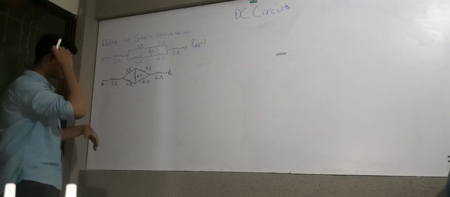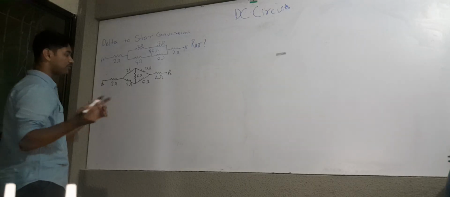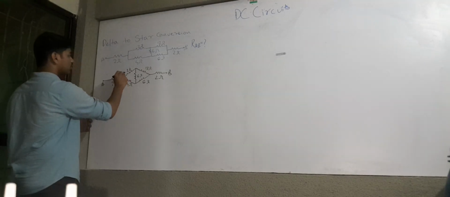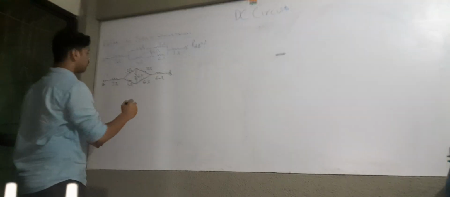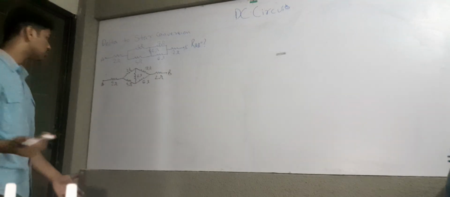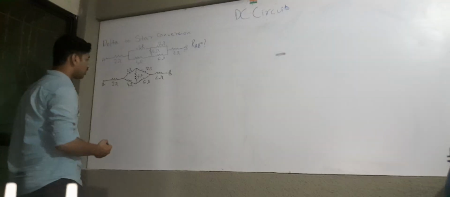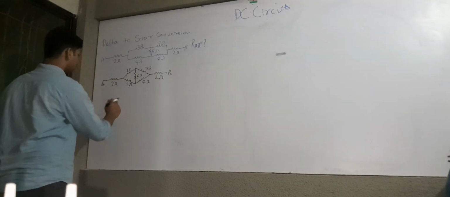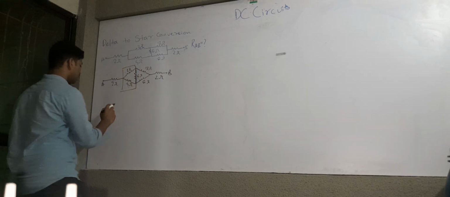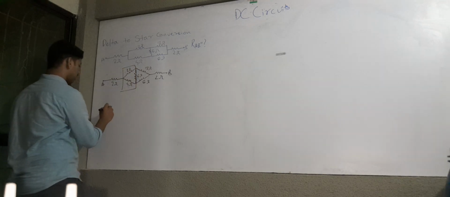In this circuit, we can see that there are 2 deltas here. One is 2, 4, and 6, and one is 6, 6, 7. So it is up to you whichever delta you choose. I am going with this one. So let's look at this one and convert it into a star.